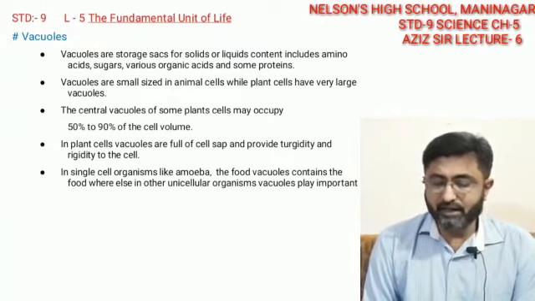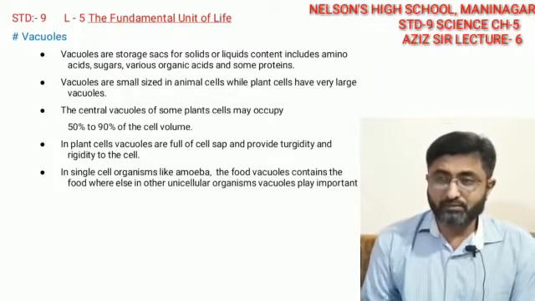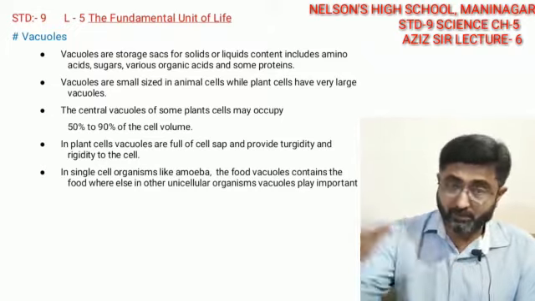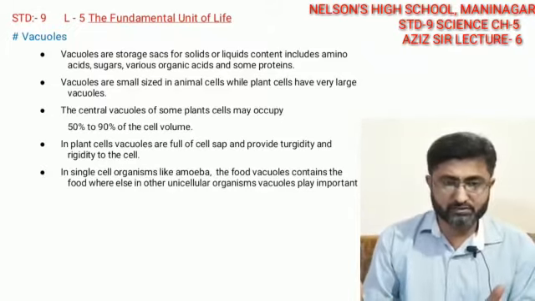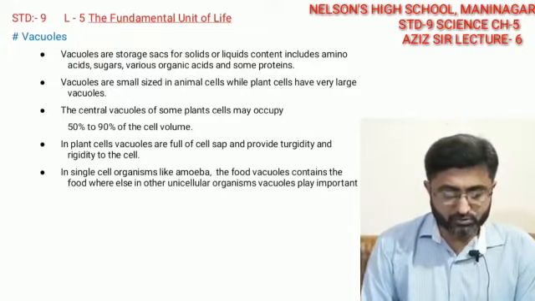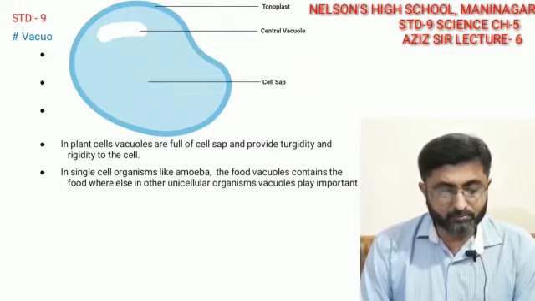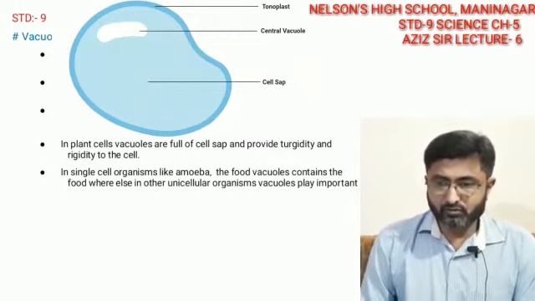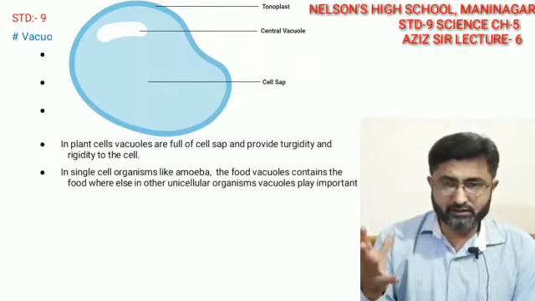Now vacuoles in animals, as I told you, are small in size, but in the case of plants they may cover from 50% to 90% of the entire cell. The cell wall is of the same size, but the vacuoles cover almost all the area of it. Now the plant's vacuoles are full of cell sap and provide turgidity and rigidity to the cell. So due to these vacuoles, they push the wall, which creates turgidity.